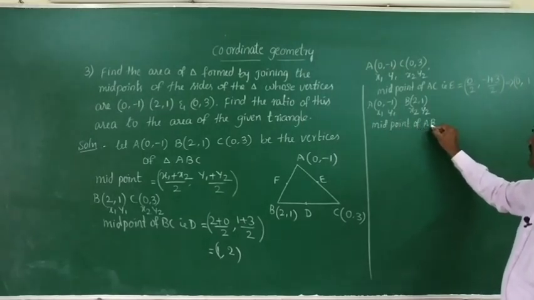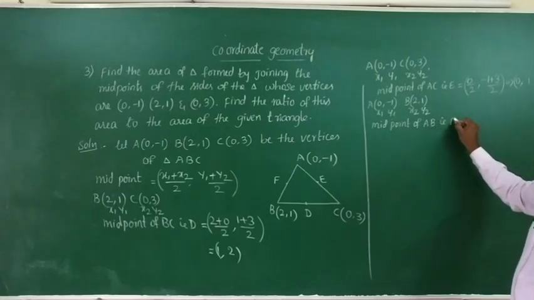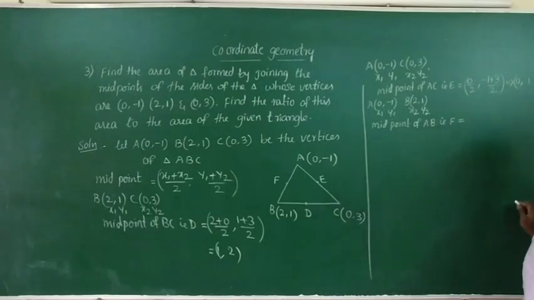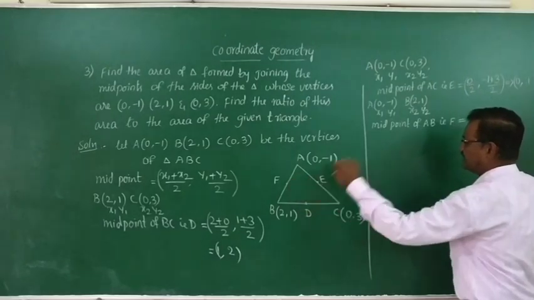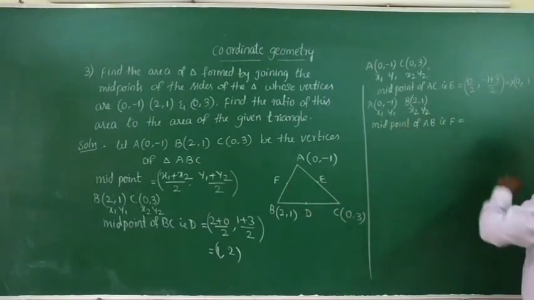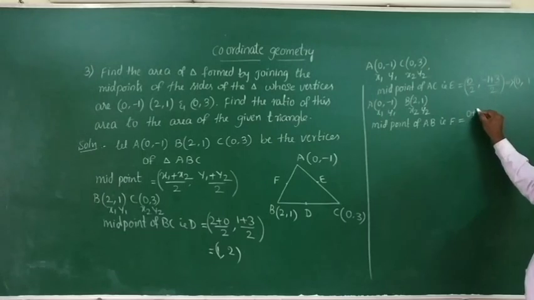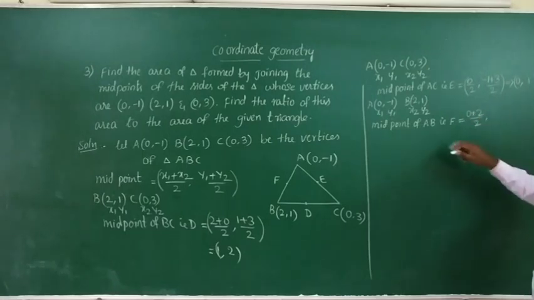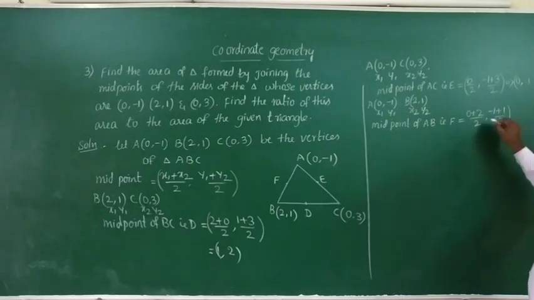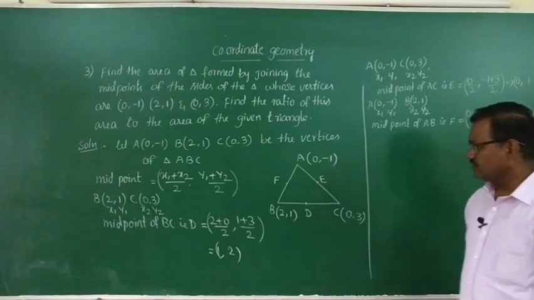F is the midpoint of AB: (0 plus 2) by 2 comma (minus 1 plus 1) by 2. That is 0 plus 2 is 2, 2 by 2 is 1, and minus 1 plus 1 is 0, 0 by anything is 0. Yes, we got all the midpoints of the respective sides.